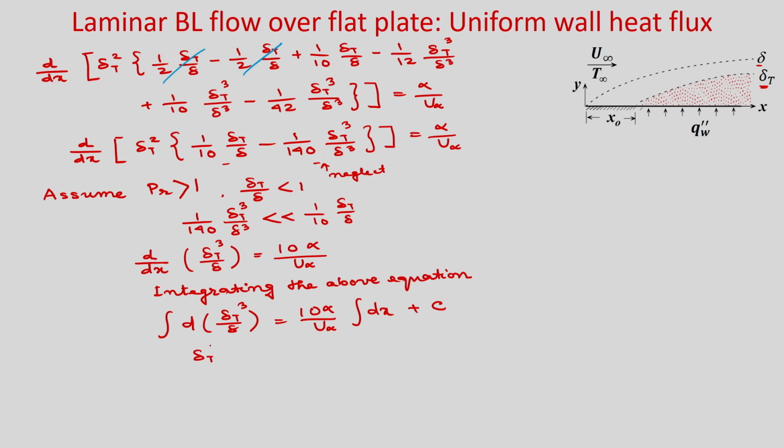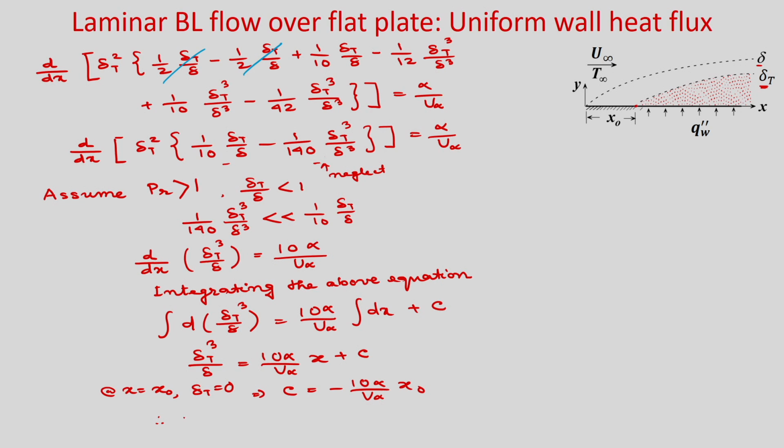So, you will get delta T cube by delta is equal to 10 alpha by u infinity into x plus c, and we know at x equal to x naught, okay, you have delta T is equal to 0. So, your thermal boundary layer thickness starts from x equal to x naught. So, here at x equal to x naught delta T is 0. So, from here you can see C will be minus 10 alpha by u infinity into x naught.